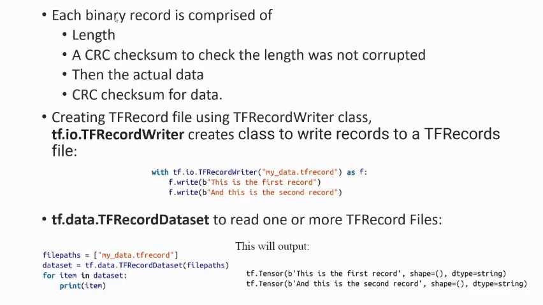For example, with tf.io.TFRecordWriter, we pass the file name with the extension .tfrecord, and we write the data: this is my first record and this is my second record. So we are able to save this data using TF record writer.